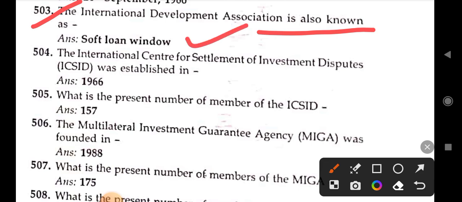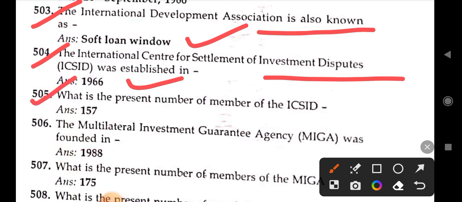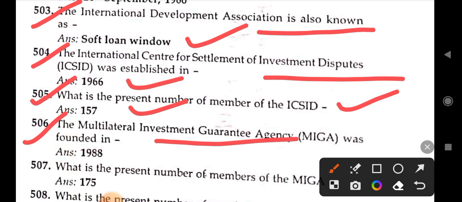The International Centre for Settlement of Investment Disputes, ICSID, was established in 1966. What is the present number of members in ICSID? 157. The Multilateral Investment Guarantee Agency (MIGA) was founded in 1988.